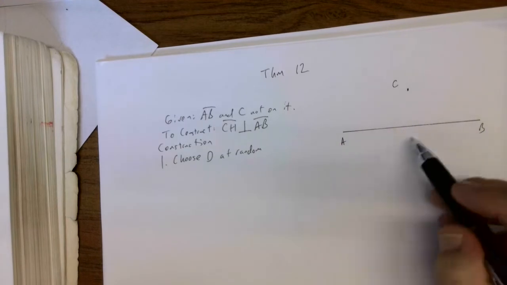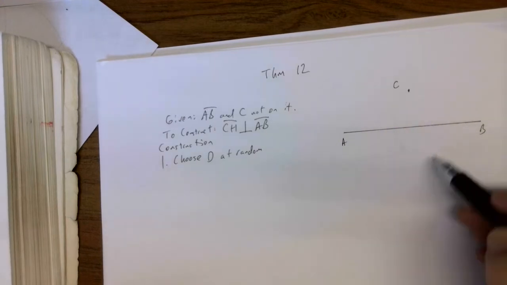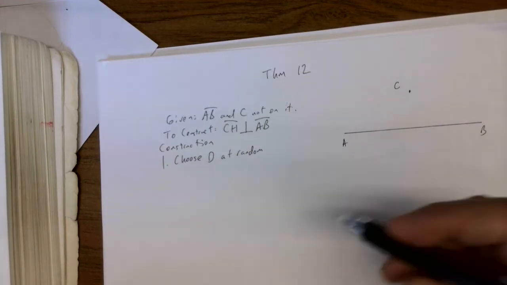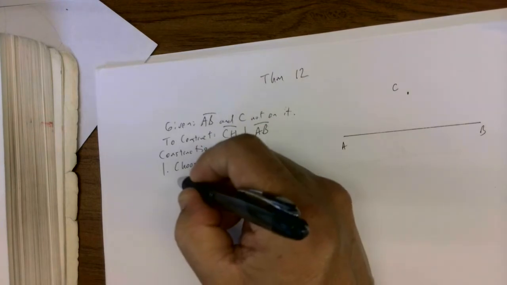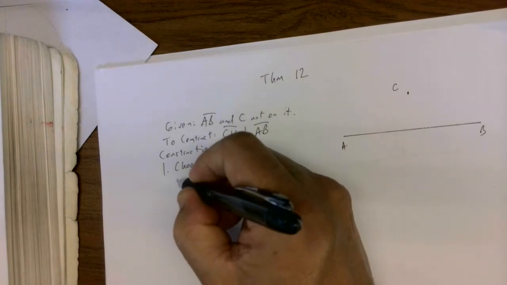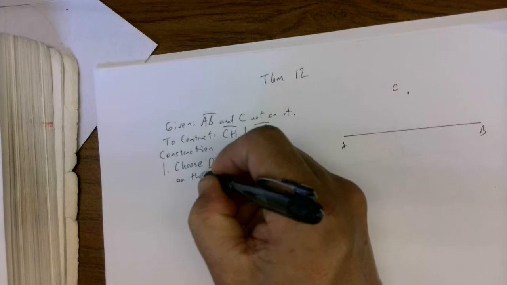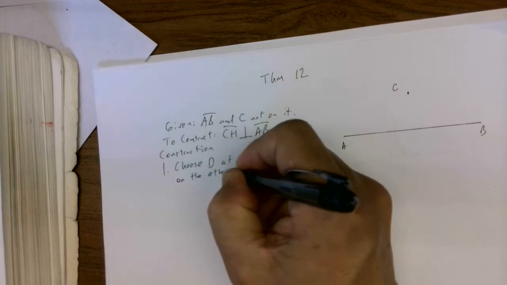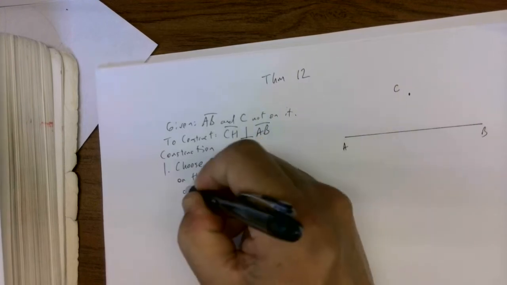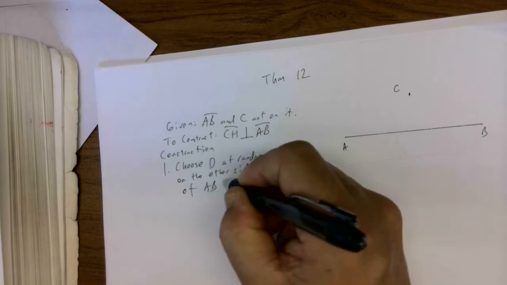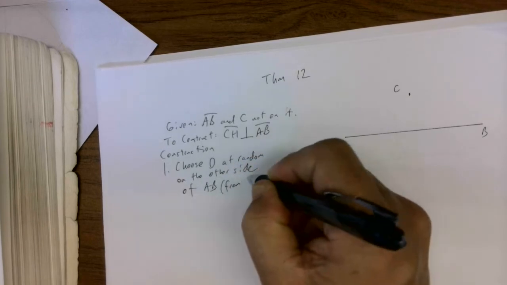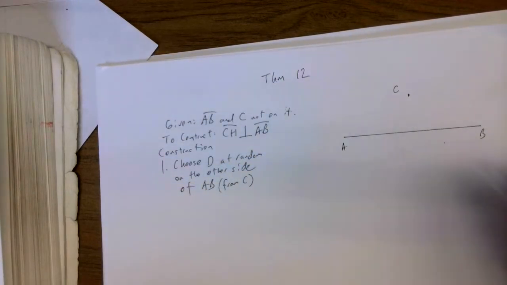It has to be on the other side of AB from C, or the opposite side. On the other side of AB. And by the other side, I mean the other side from C. So I'm just going to choose it right there. There's my D.